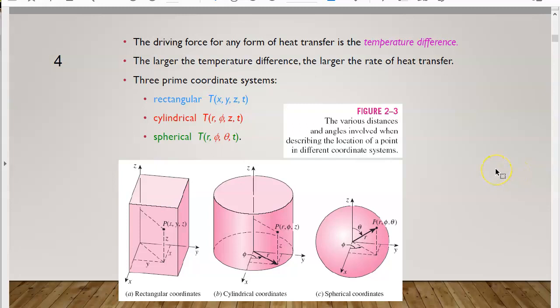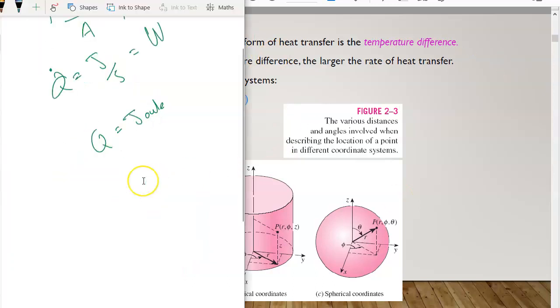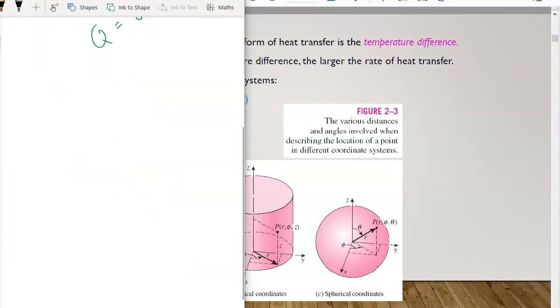The driving force for any form of heat transfer is temperature difference. So basically, when you have two bodies, for example, this is 50 degrees Celsius and this is 40, because of this temperature difference, heat will be transferred from hot to cold.